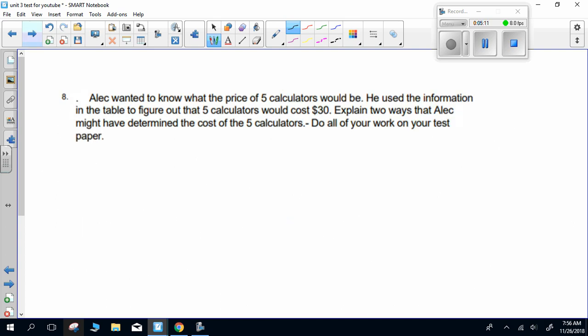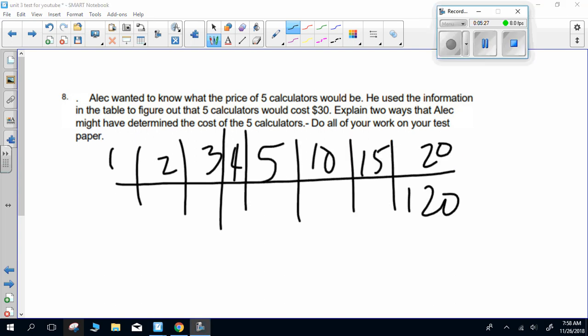Next one, Alec wants to know what the price of 5 calculators could be. He used the information from the table to figure out the cost of 5 calculators would be $30. Explain 2 ways that he could have determined the cost of 5 calculators. So the first thing I need to do is figure out what's going on here.